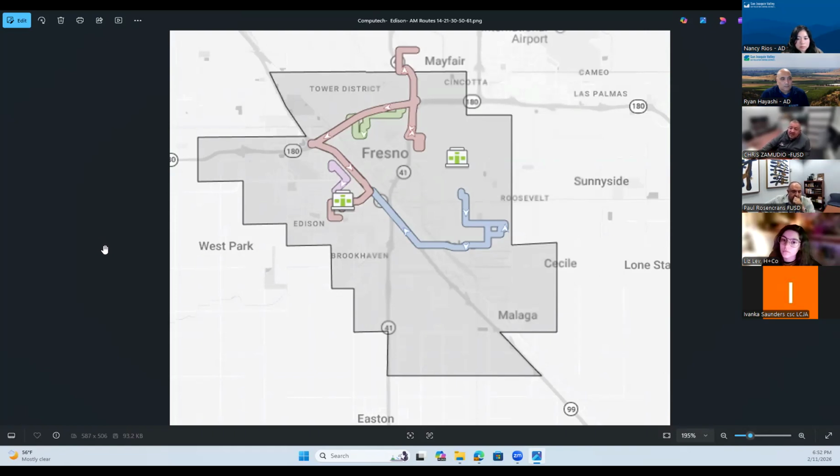Most of our routes have 5 to 6 runs within that route. So you could have an elementary, a junior high, and then you can also have a magnet school that's attached in the morning, followed by the same sequence in the PM as well. So that would be bus picking up at different school sites and transporting them to school.